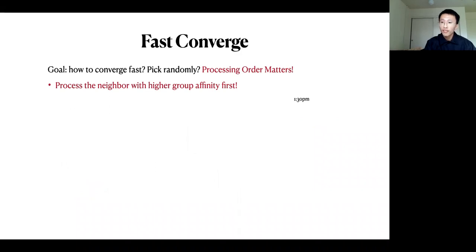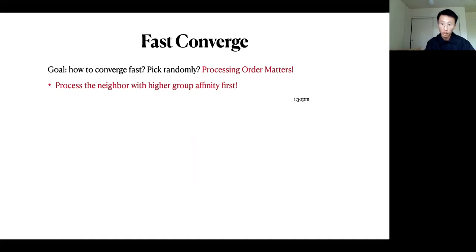So the second optimization strategy is to make the iterative algorithm converge faster. In the algorithm we talked about before, we select the neighbor device randomly. However, we empirically show that if we pick the neighbor devices in decreasing order of their group affinity to the query device, it will make the iteration converge much faster.